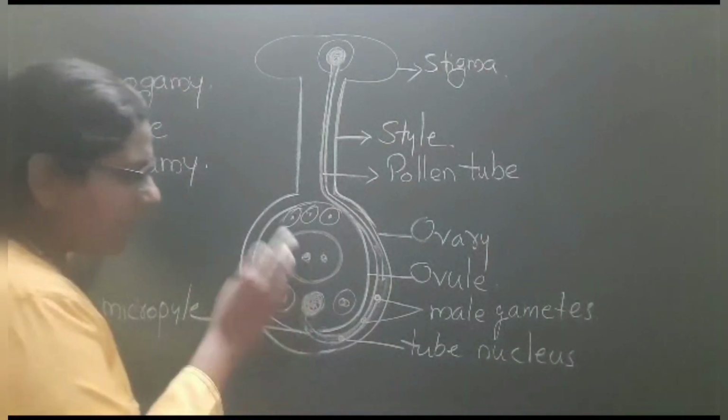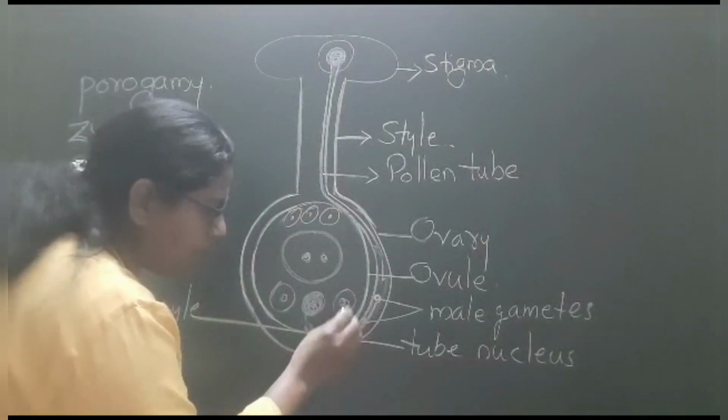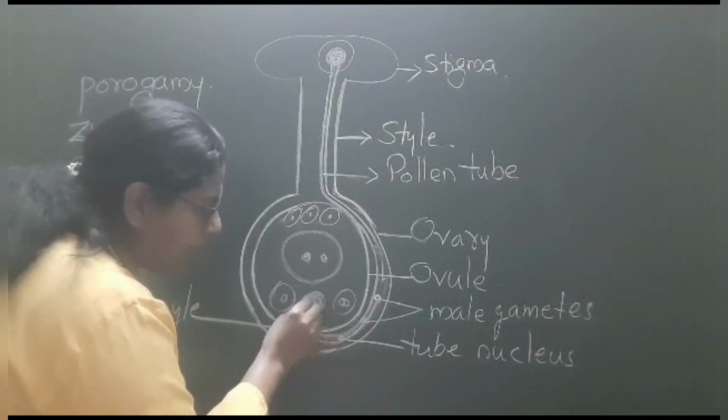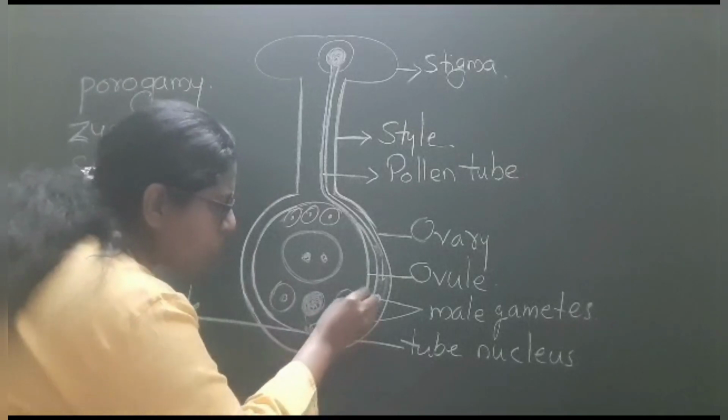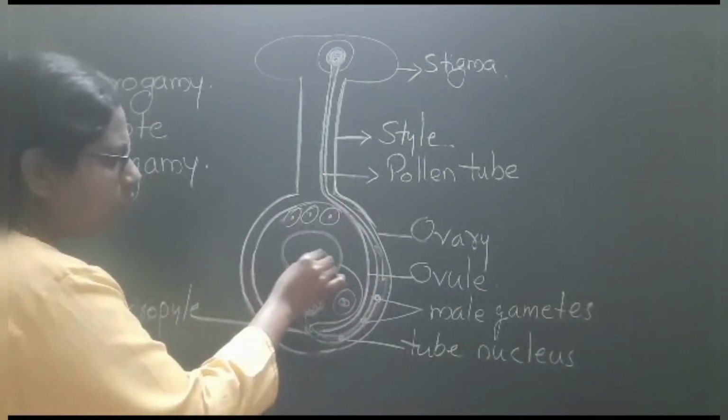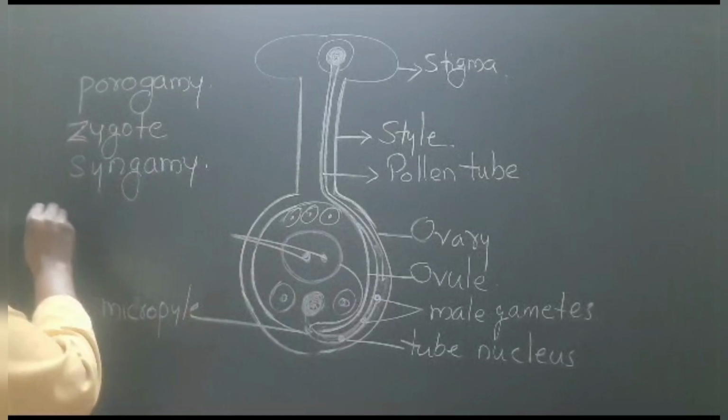Then there is one more male gamete remaining. One male gamete fuses with the egg. The other male gamete goes to this. There are two polar nuclei.